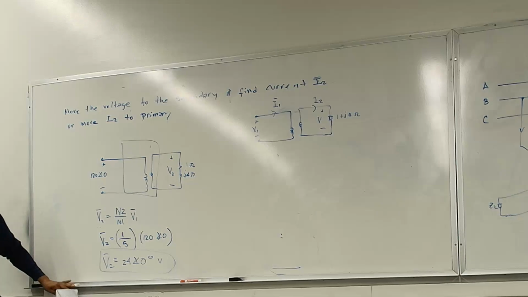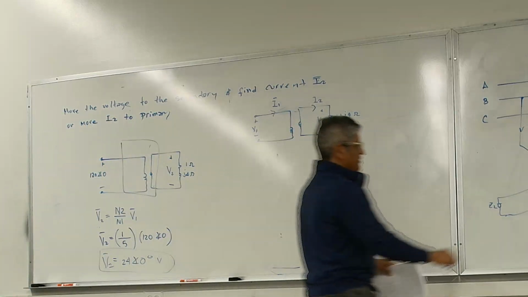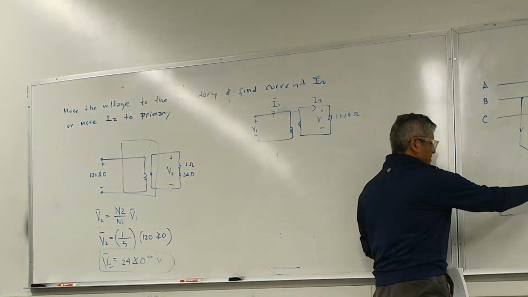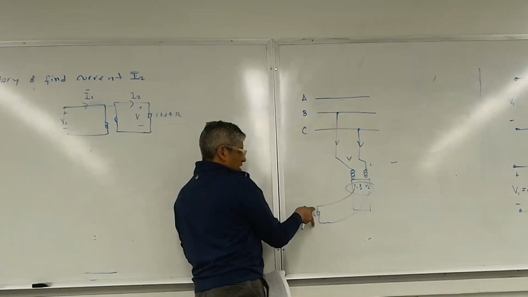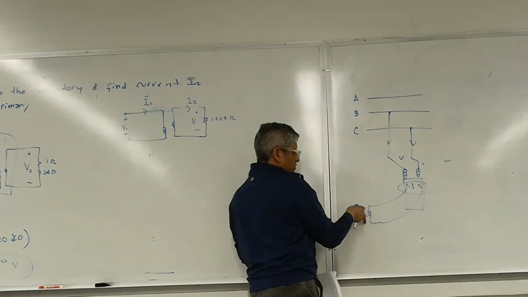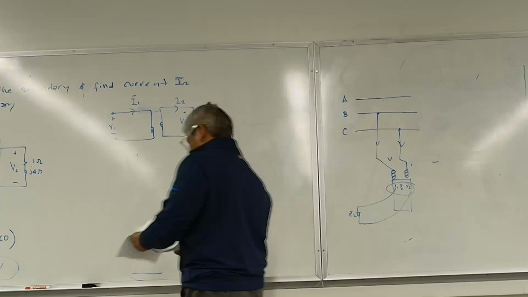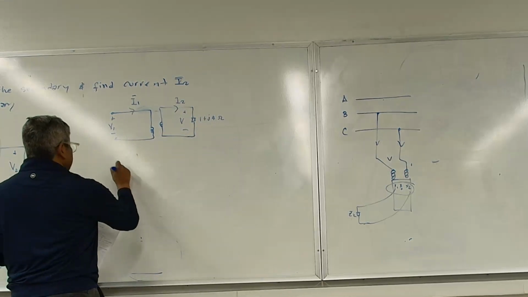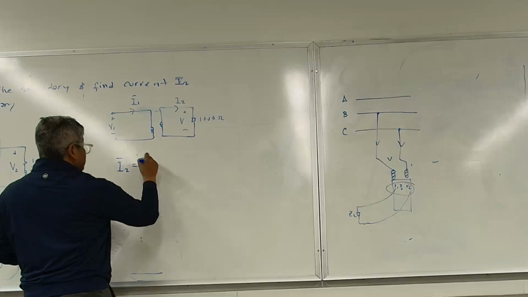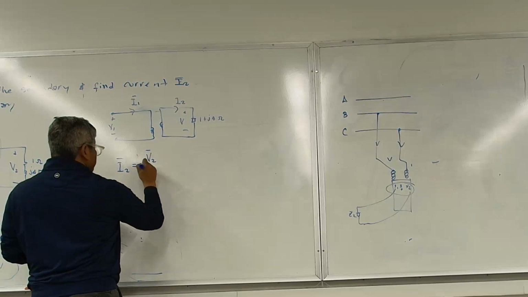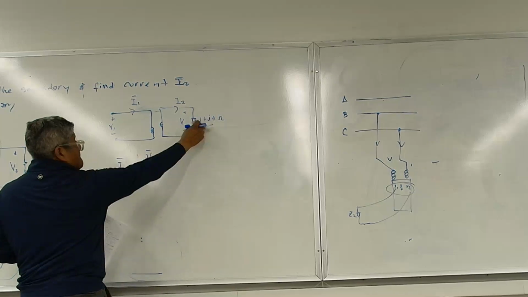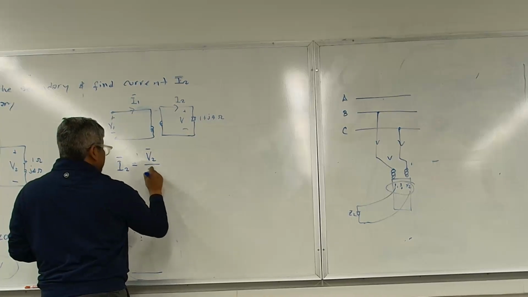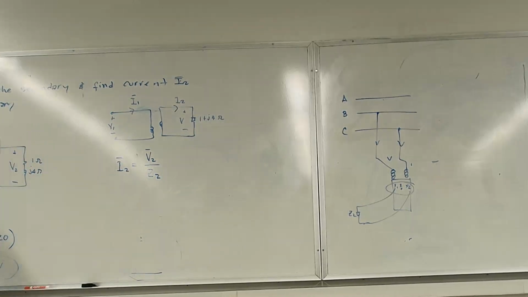What if somebody says, well, I want you to tell me what is the current that is going to flow on this wire and this wire to supply that load on the secondary. Now, what I can do is I can just say I2 phasor is equal to V2 phasor divided by the impedance Z2. Now I'm sitting on the secondary side, right? Make sense? Everybody can? All right.